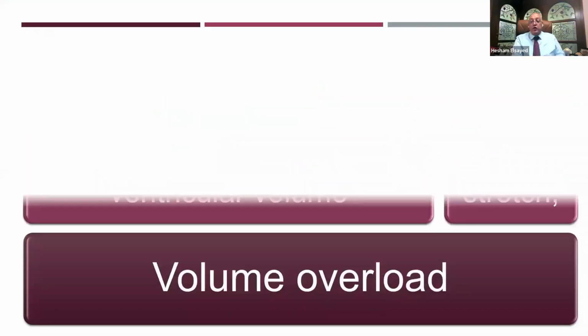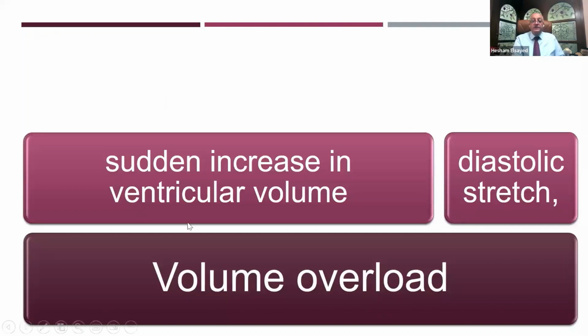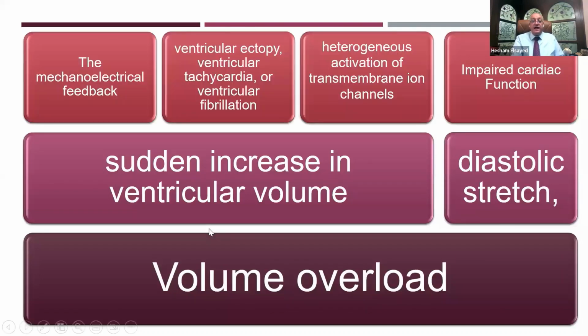So volume overload, on the other hand, can induce a sudden increase in ventricular volume and diastolic stretch with mechanoelectrical feedback. What is caused is that the stretch happens more than expected, and the heart will go to ventricular ectopy, tachycardia or fibrillation, with heterogeneous activation of the channels inside the myocardium and depressed function.